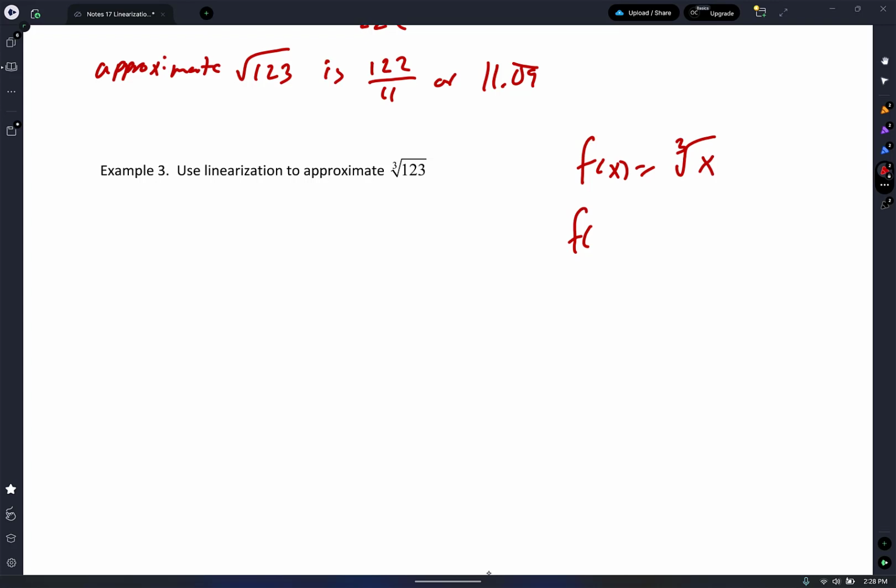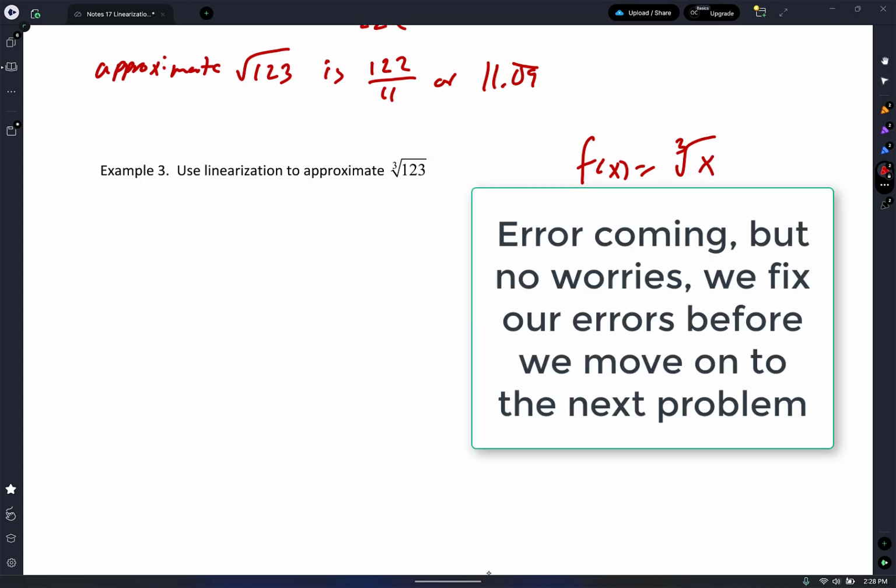Let's see. 2 to the third is 8. 3 to the third is 27. 4 to the third is 64. Someone already said 5 to the third. 25 times 5 is 125. So f of 125 equals the cube root of 125, which is 5. That's where we're going to get our tangent. We're going to find our tangent at 125, 5.